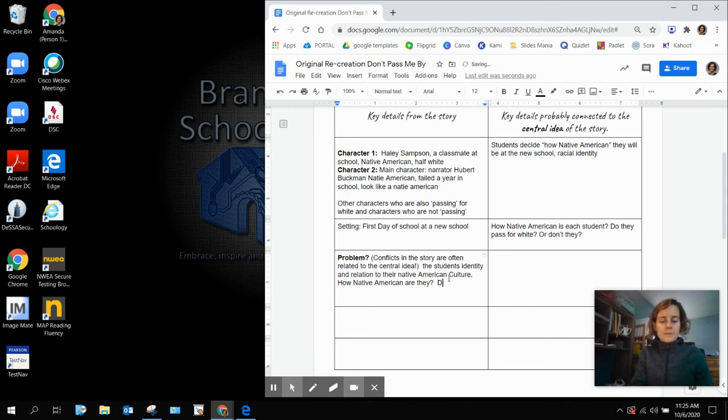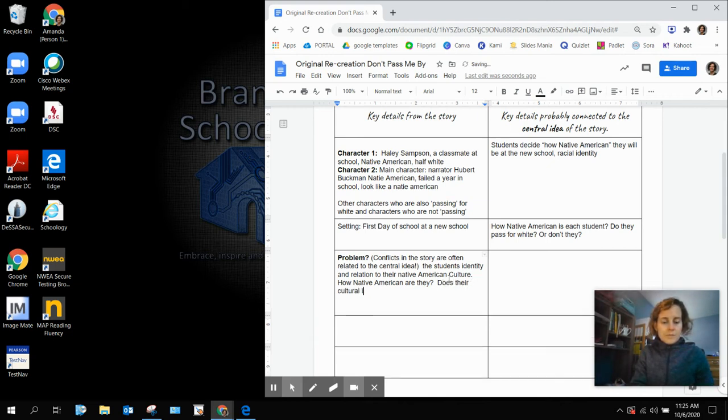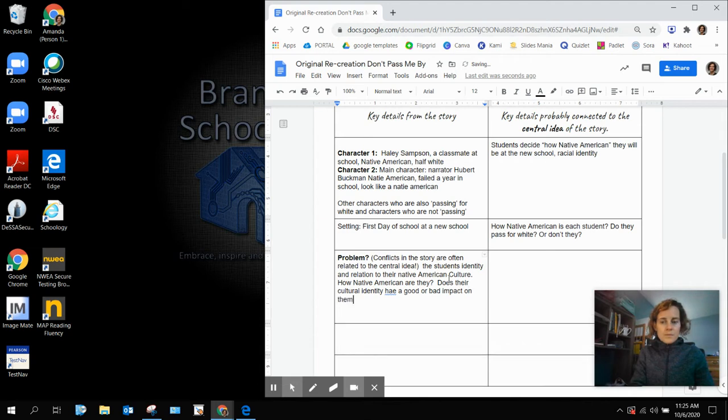And if their cultural identity has a positive impact on them or a negative impact on them, right? For Haley, it seems to be pretty negative. She doesn't like anything about the fact that she's Native American. However, the main character, Hubert, he seems to feel just fine that he's Native American.